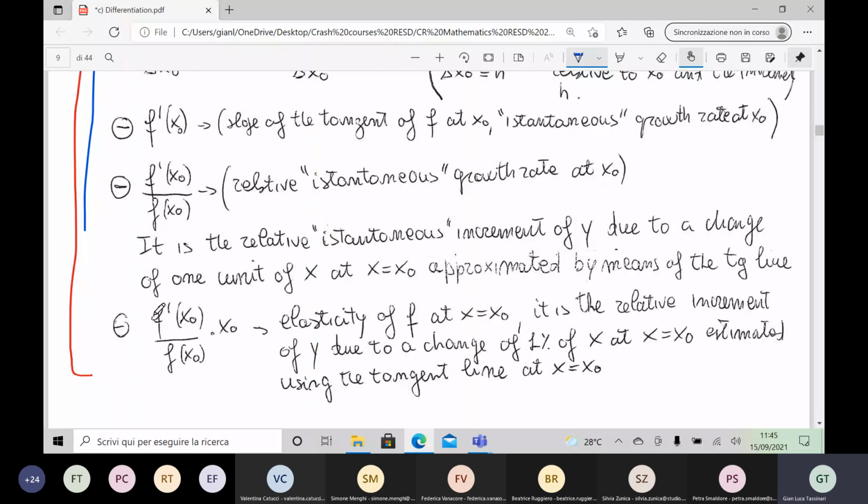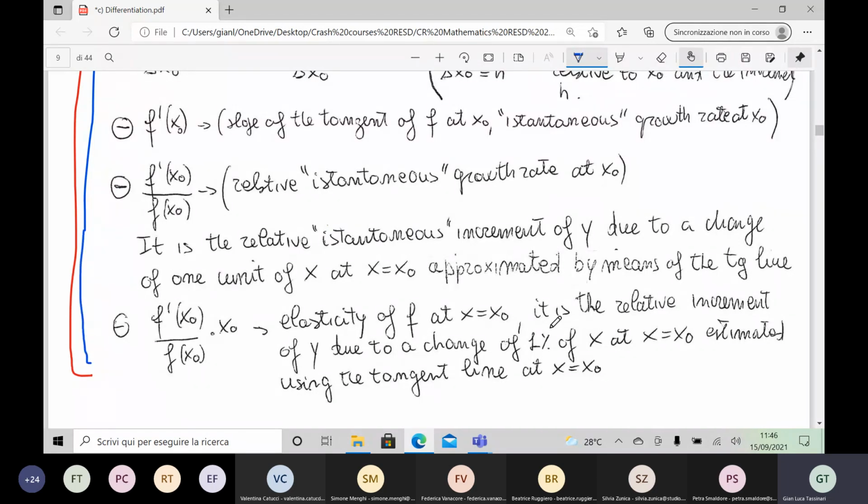Remember, this is the instantaneous growth rate. This ratio is the relative instantaneous growth rate. So if you multiply the relative instantaneous growth rate at x0 times x0 itself, you get the so-called elasticity of the function at x0. Which is the meaning of elasticity?